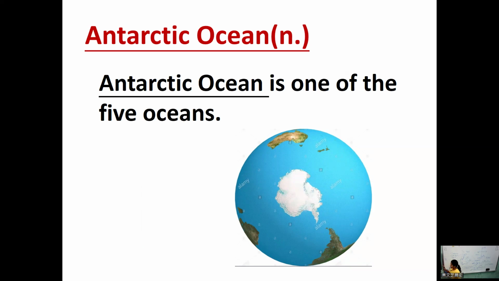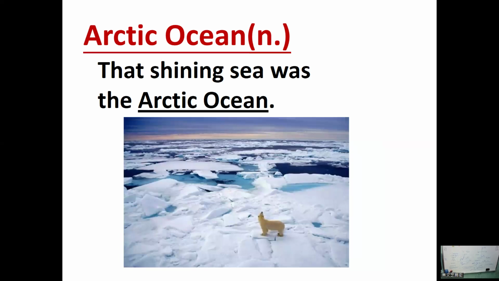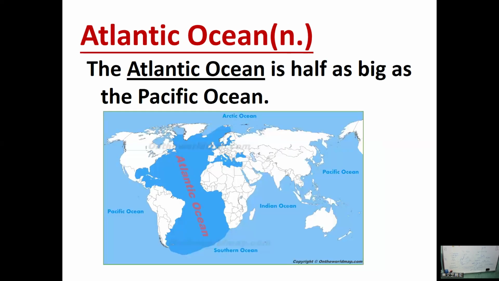Next we have the oceans. There are five oceans. The Antarctic Ocean, the Arctic Ocean, where a polar bear lives, and the Atlantic Ocean.